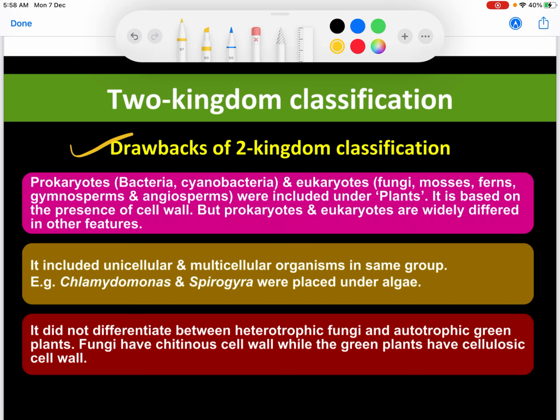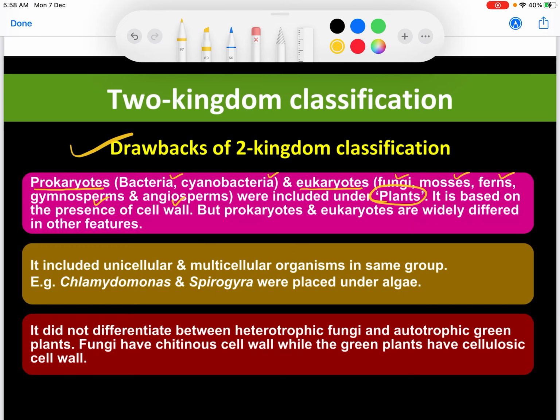If I talk about prokaryotes, which are bacteria, cyanobacteria, or some eukaryotes like fungi, moss, fern, gymnosperm, angiosperms, all were included into a single category called plants. So plant consists from bacteria to angiosperm altogether.